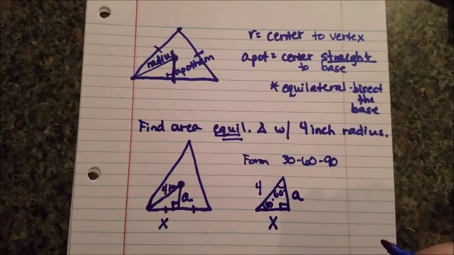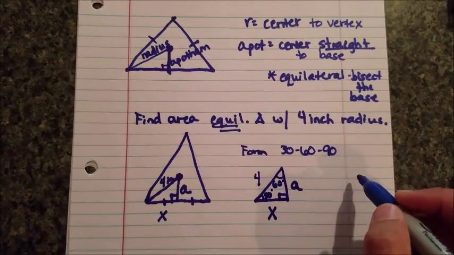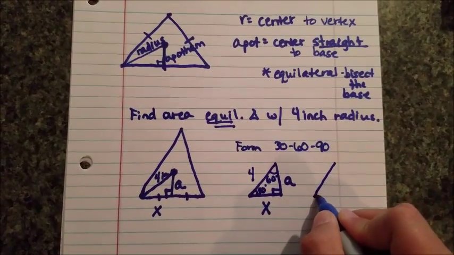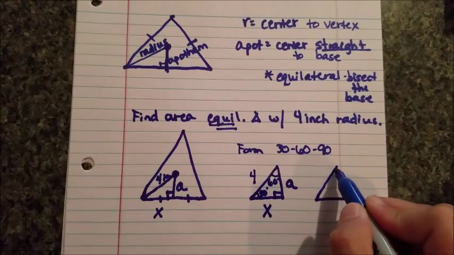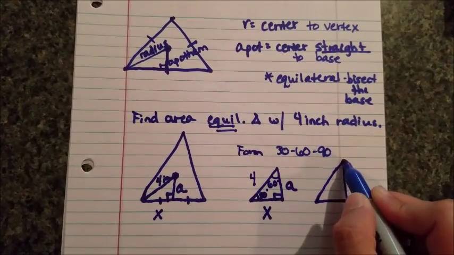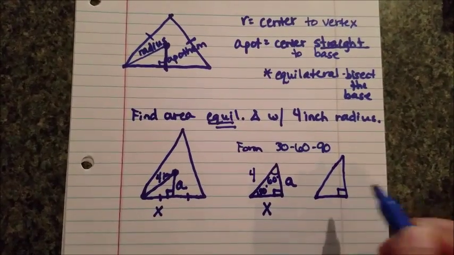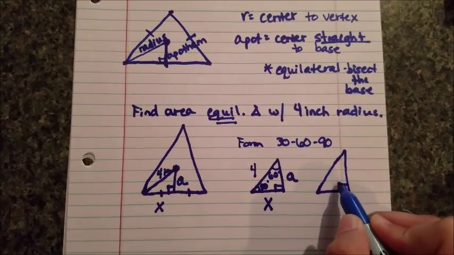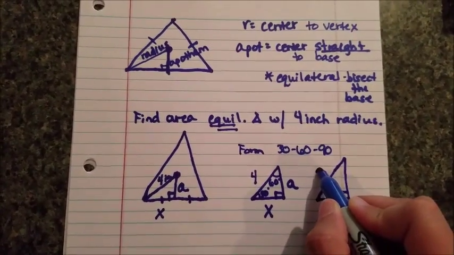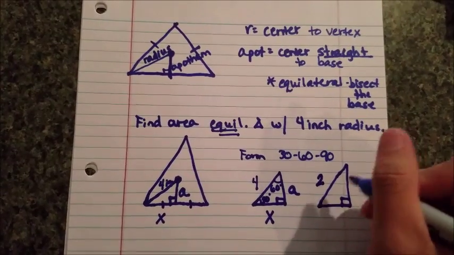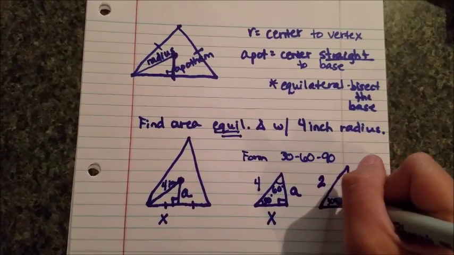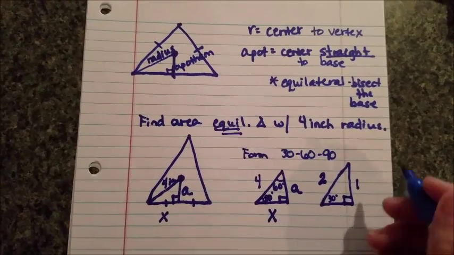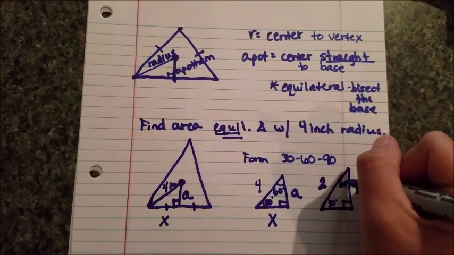Okay? Now then, I'm going to draw my normal 30, 60, 90 triangle, which has, of course, the numbers 1, 2, square root 3. So there's my 90. Across from it is the biggest number, which is 2. There's my 30. Across from it is the smallest number, which is 1. And there's my 60.